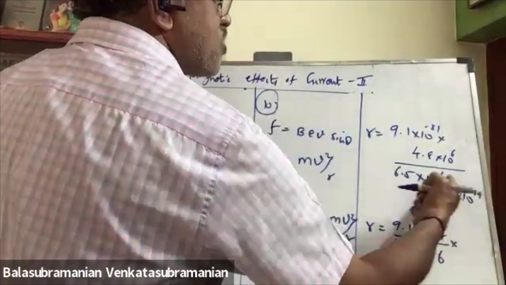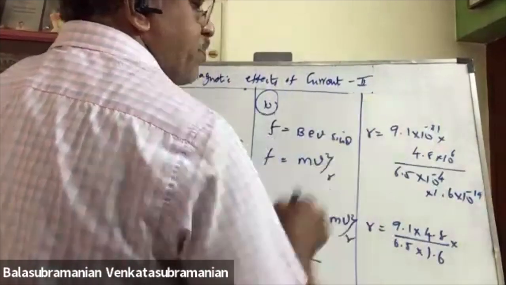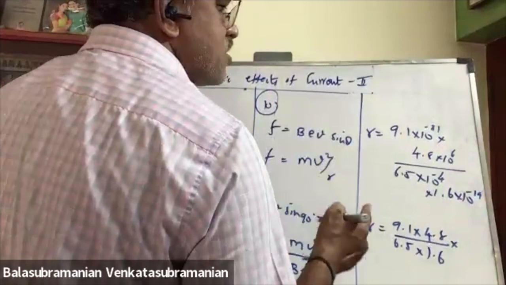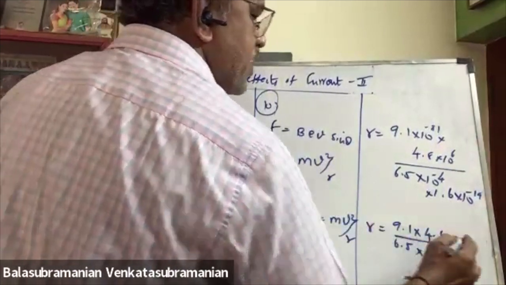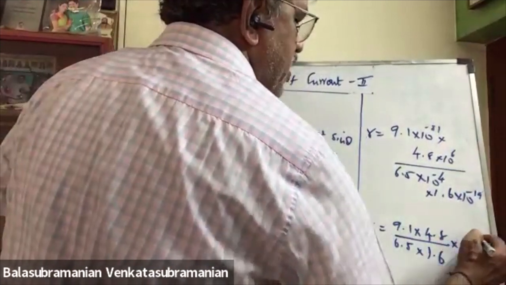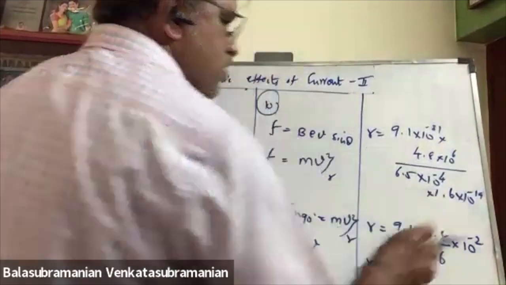This is minus 23, numerator plus 23. Minus 25 plus 23, it should be 10 power minus 2.